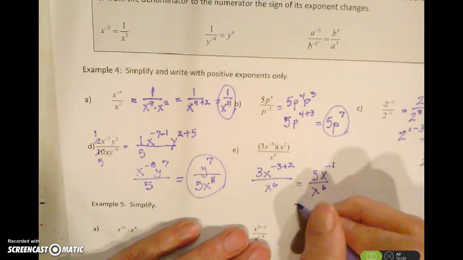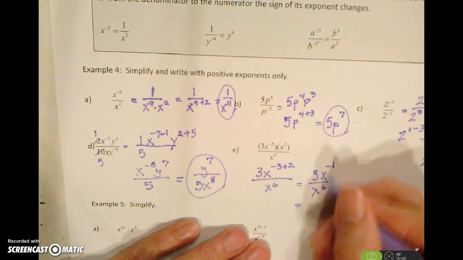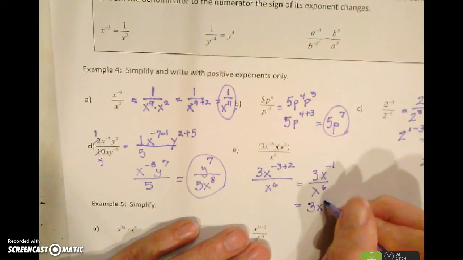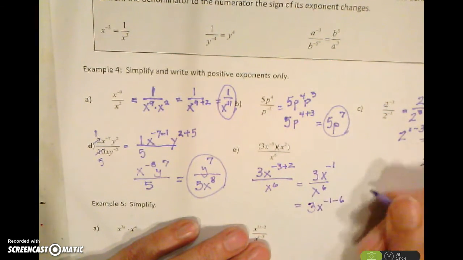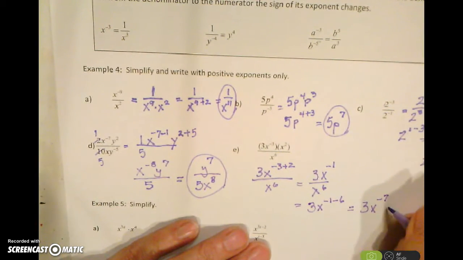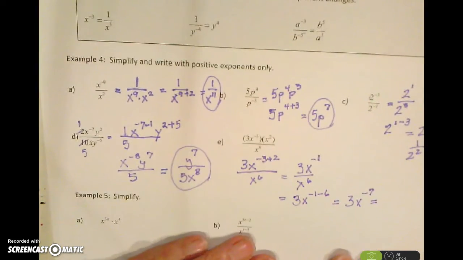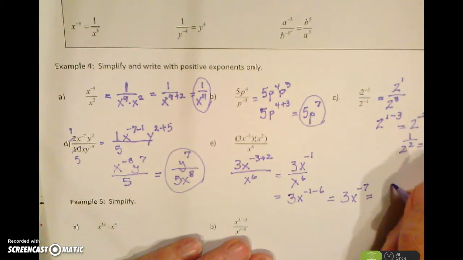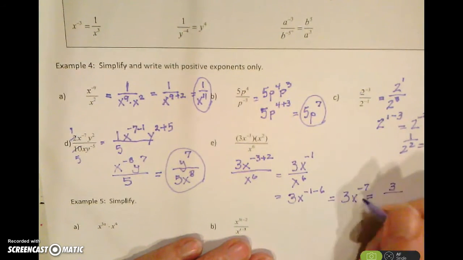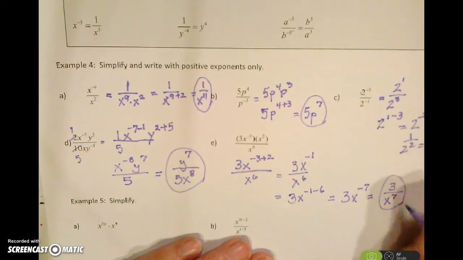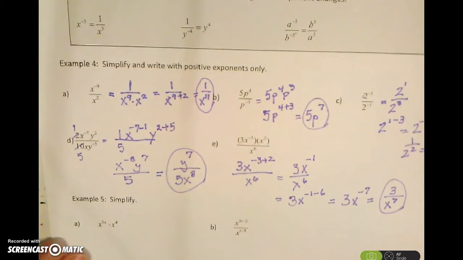Now I'm going to combine my x's using the quotient rule. So I'm going to have 3x to the negative 1 minus 6. So that's 3x to the negative 7. And now I need to eliminate my negative exponent. So my 3 doesn't have an exponent, so it remains in the numerator, and then my x to the negative 7 drops and becomes positive 7.